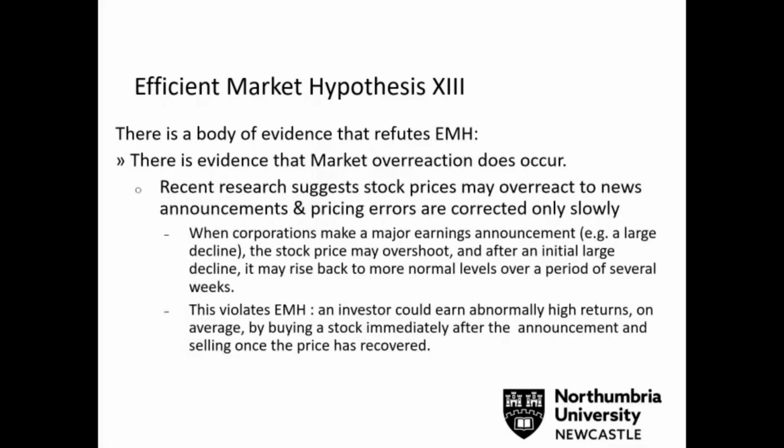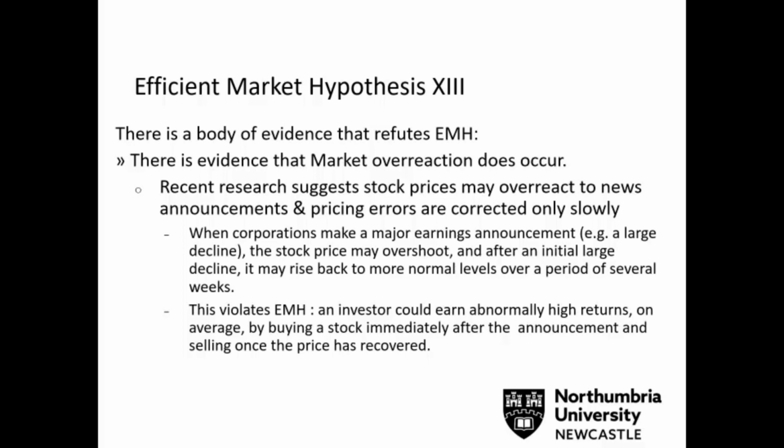Additionally, there are lots of examples of market overreactions, be that negative or positive. The majority of the overreactions are on the negative side. When there's bad news, share prices tend to drop a lot further than they should, and then they do bounce back to the level they should be at.